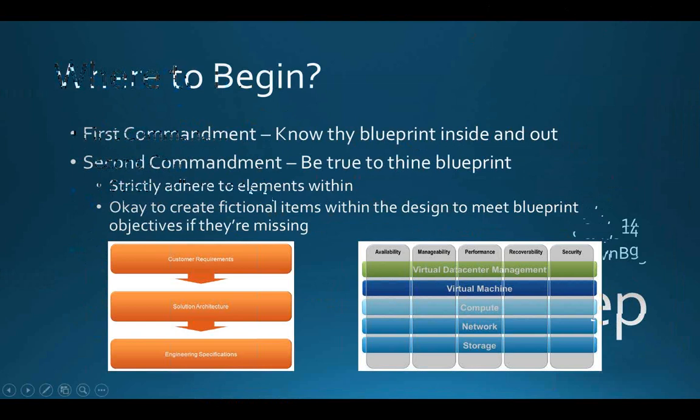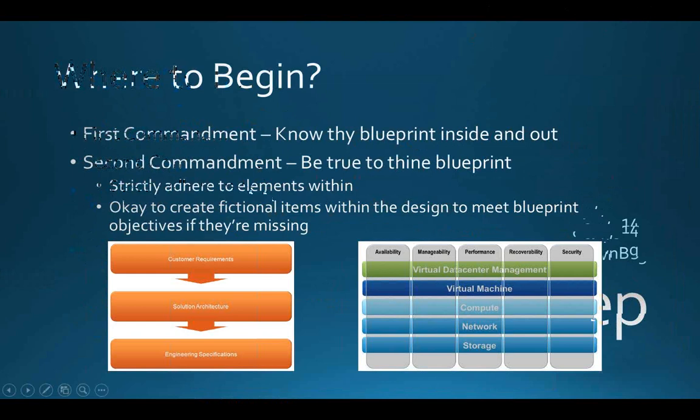So you have below the customer requirements flowing into the solution architecture, flowing into the engineering specifications. I know a lot of vSphere engineers who are very, very comfortable with that bottom part. You can stand up vSphere, you can configure HA, you can configure DRS, you can configure clusters, and that's great, but you have to be able to relate requirements like I talked about before: the business drivers, the things that the business is telling you that they want the design to look like.